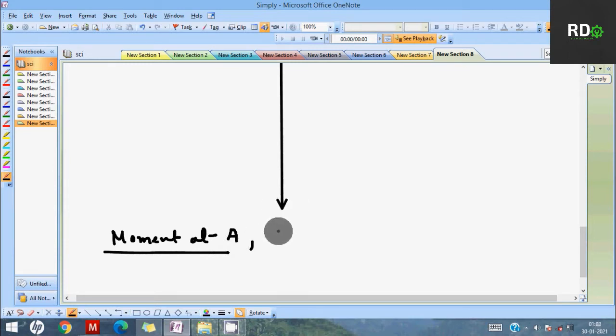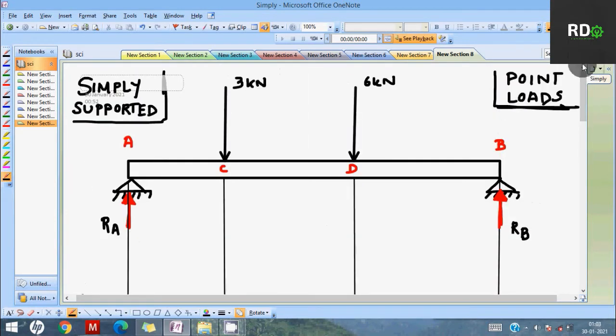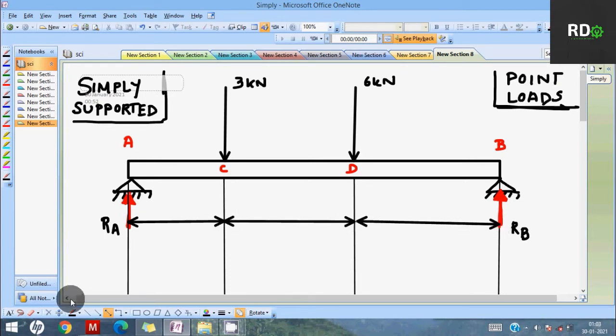RB is 6 meters away. Let me put the distances first: 2 meters, 2 meters, and 2 meters.